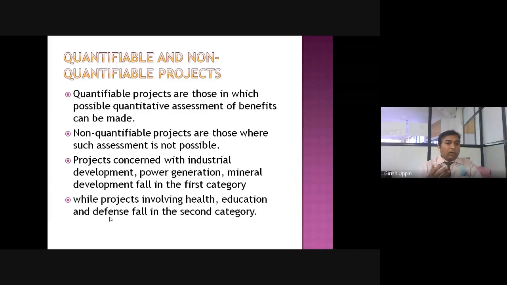So there you cannot put that in numbers, right? It is for national security. When it is about national security, I cannot put a number there. So those projects are required. Those are non-quantifiable. They fall in the second category, that is, non-quantifiable projects.